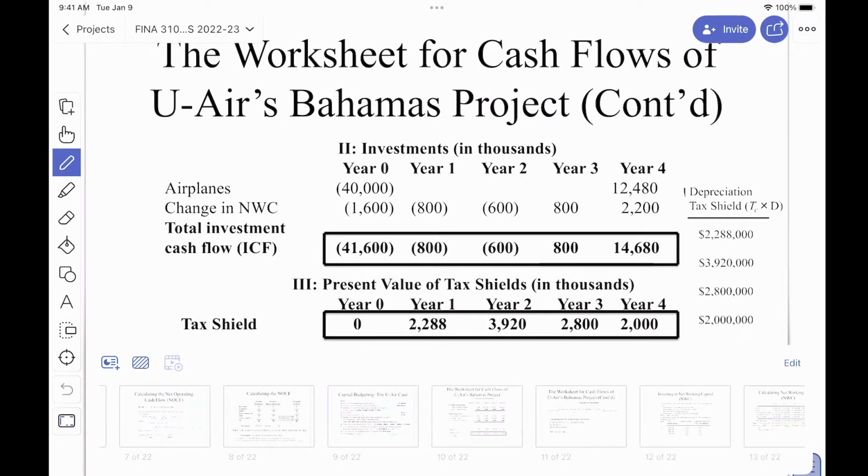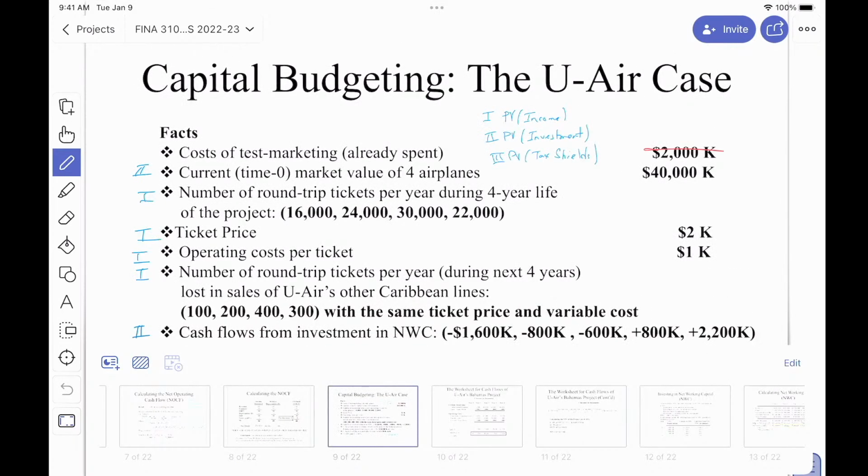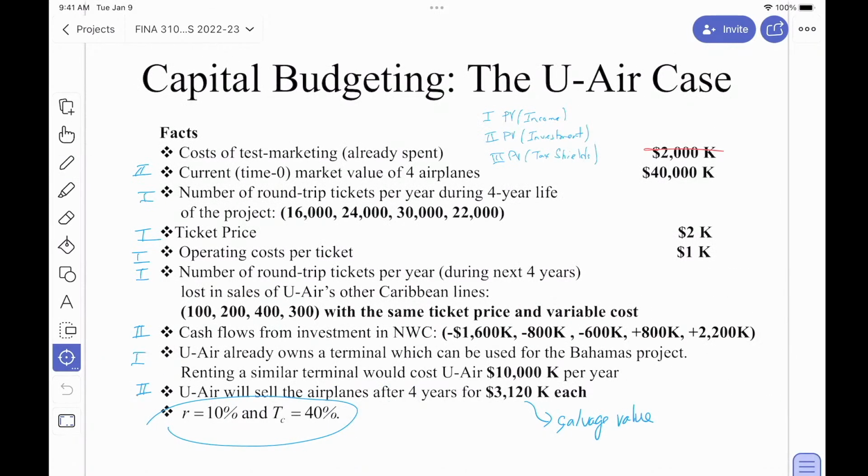So we have to include, like I said, the purchase of the planes, the sale of the planes, and the investment in net working capital. So these are the amounts that we just computed. The purchase of the planes we know is 40 million. That's not anything we have to work with.